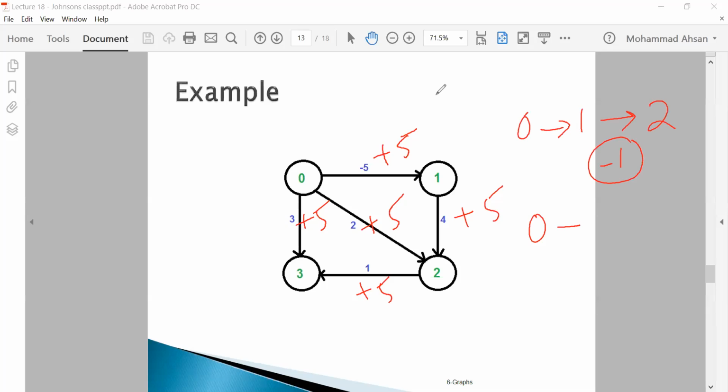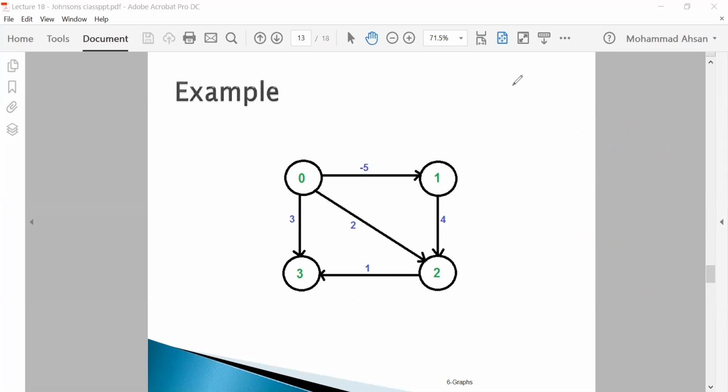Now the shortest path from 0 to 1 to 2 based on this new plus 5 is going to be 9. So you see, we have added only 5 to the edge, but we are adding almost 10 to the actual shortest path. So it does not remain uniform. So we'll see that in a while.